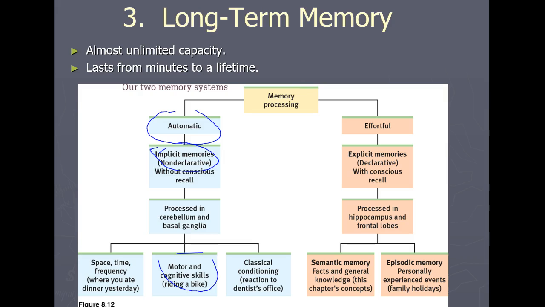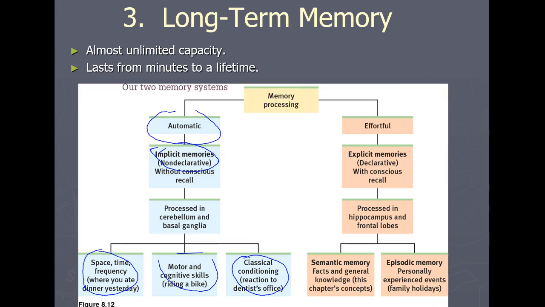I mentioned some motor skills like muscle memory, classically conditioned responses, things like when you're studying also, if you study information from your textbook over and over and over again, sometimes you automatically encode other things too, like there might be an illustration or an image or picture on the page of the textbook, and later you can recall approximately where that information was located on the page, even though you didn't really make any effort to encode that. It just kind of got there automatically.